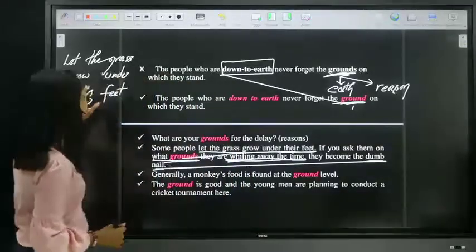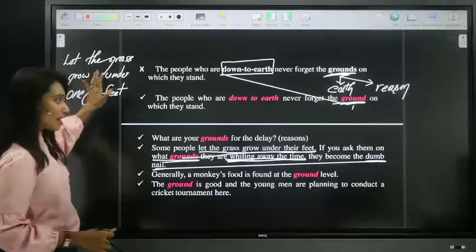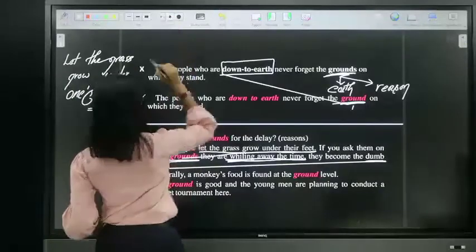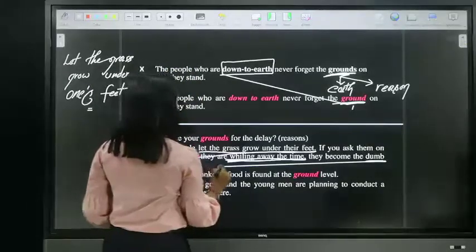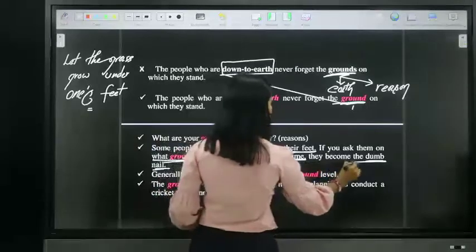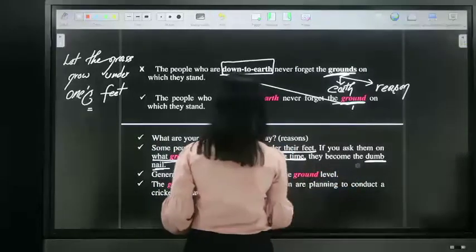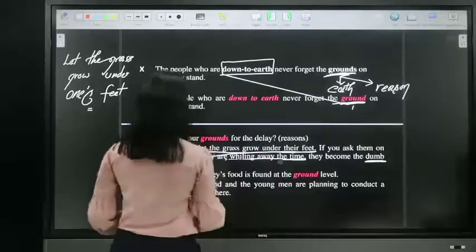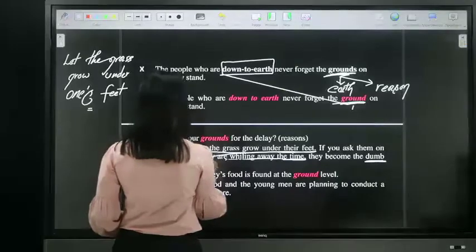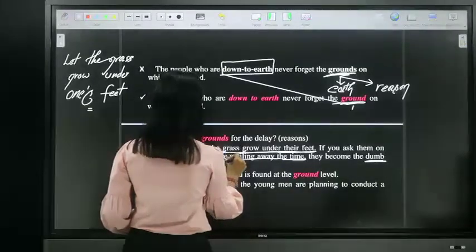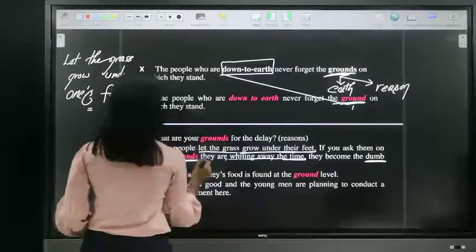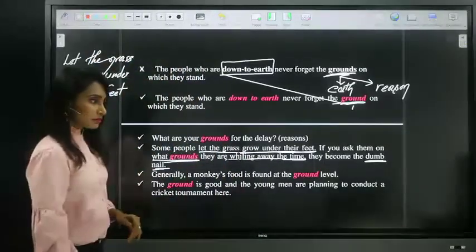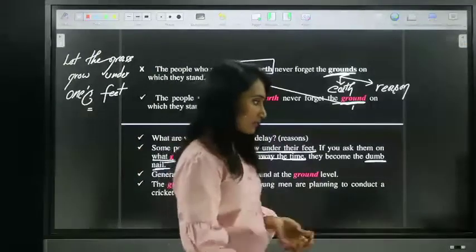So can anyone tell me the meaning of let the grass grow under one's feet? Anyone? Quick. What is the meaning of let the grass grow under one's feet? Not being responsible.